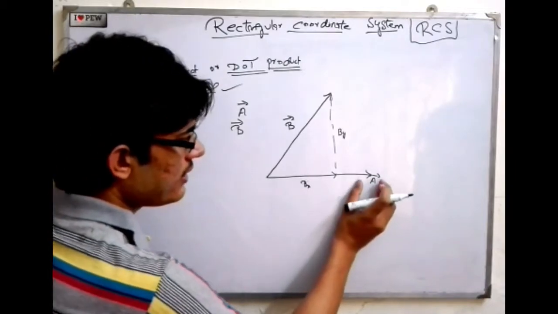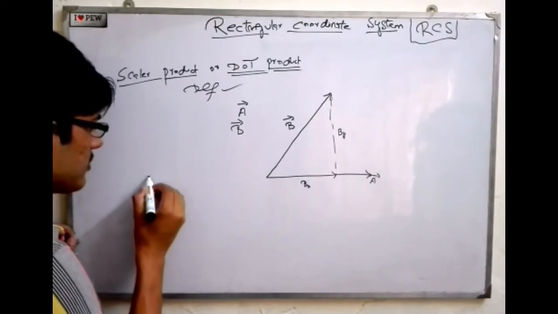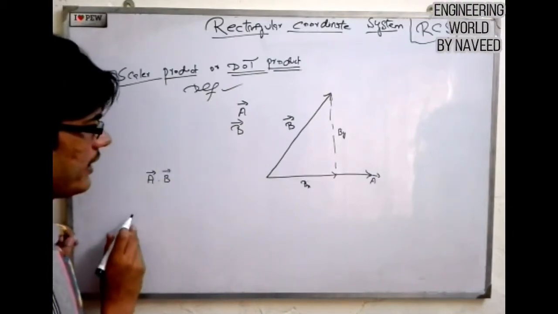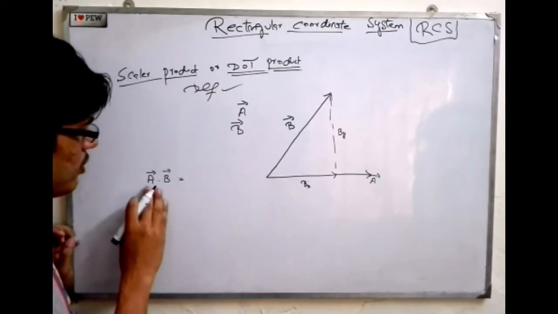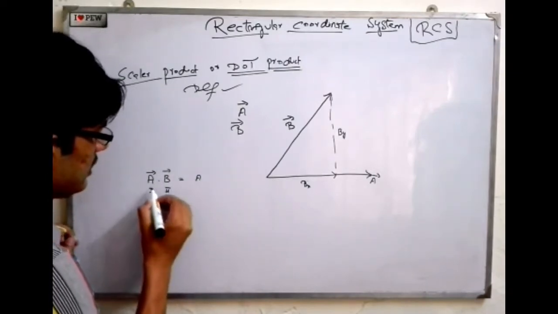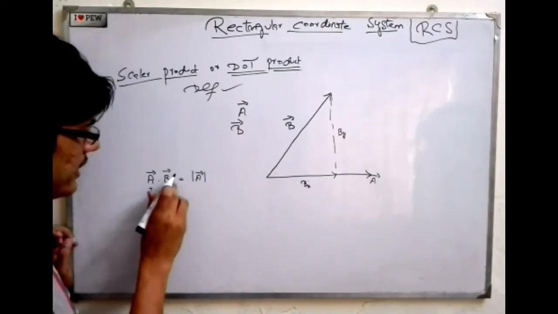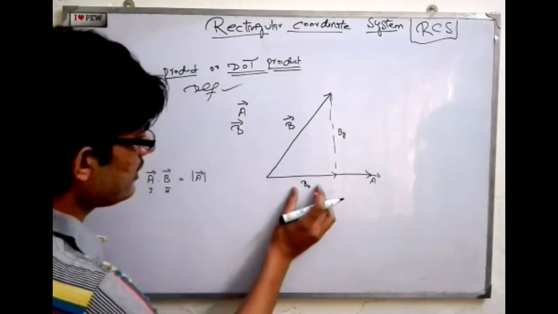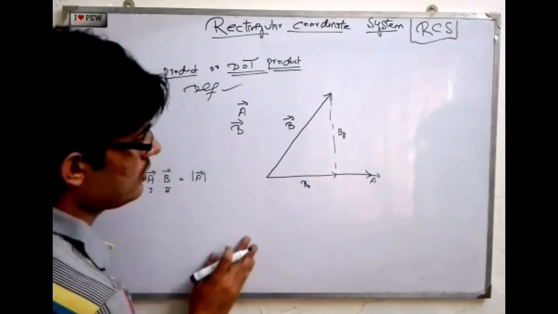My first vector is A and my second vector is B. The product of these two vectors can be written as A dot B. It is the product of the magnitude of the first vector and the component of the second vector in the direction of the first vector. Here the Bx component is such a component of the second vector which is in the direction of the first.